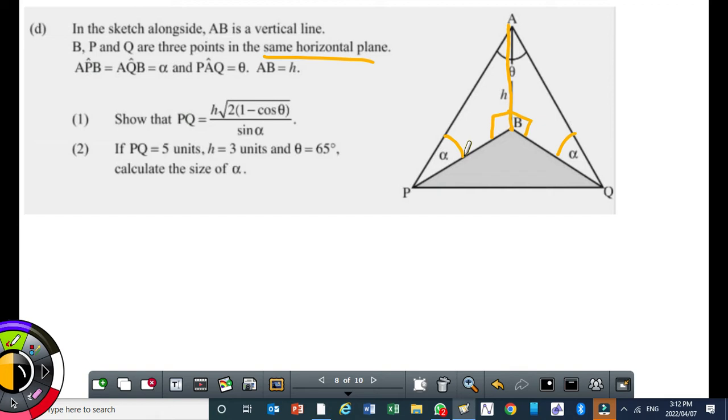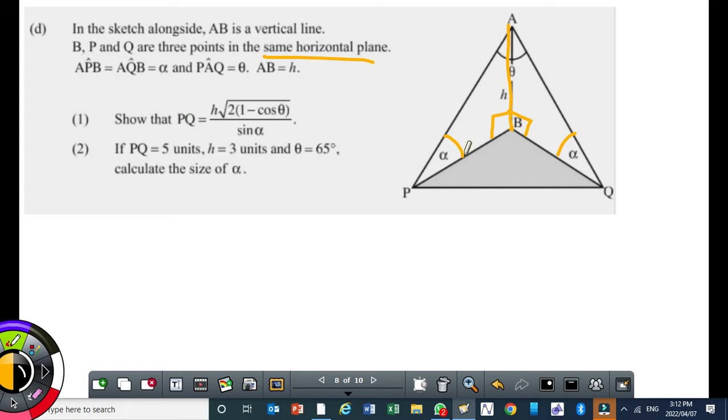The cosine rule is the only one which can help you to end up having cos inside the square root. So I need to apply my knowledge of the cosine rule. But in the denominator, I've got sine alpha. That's an indicator that I might need to use a trig ratio for sine, or I might need to use the sine rule. But it's most likely a trig ratio for sine.